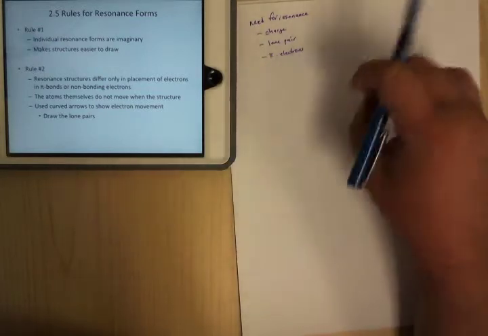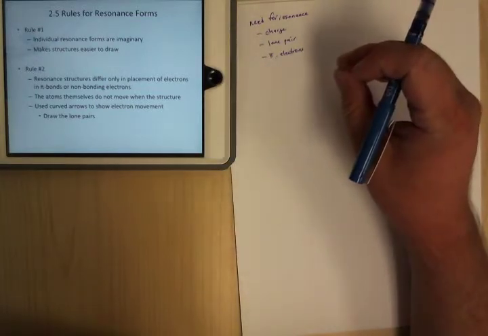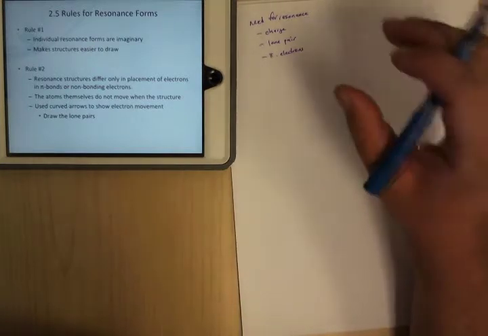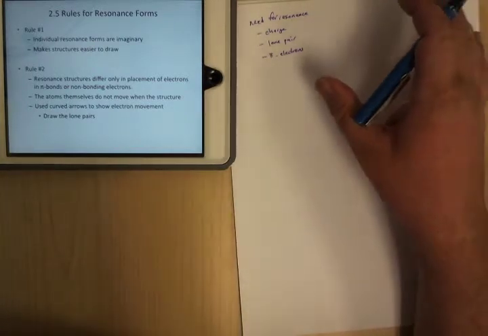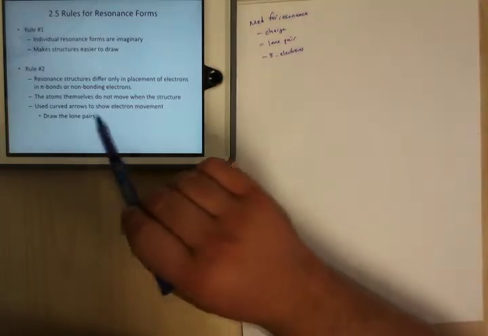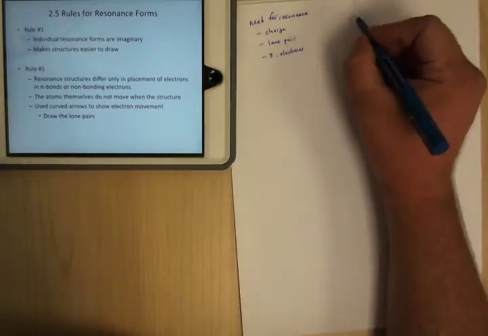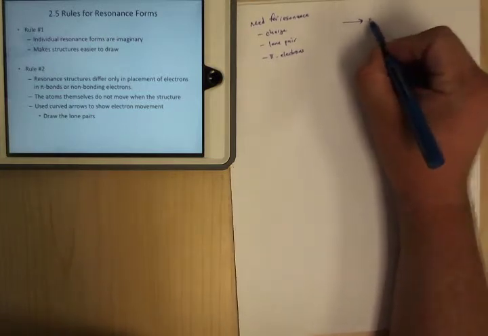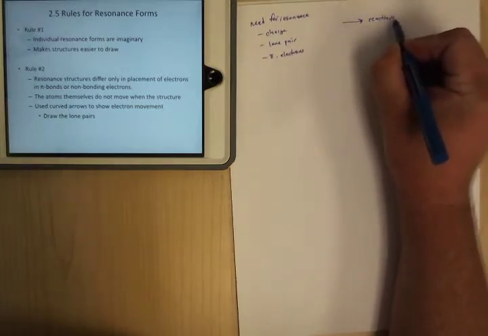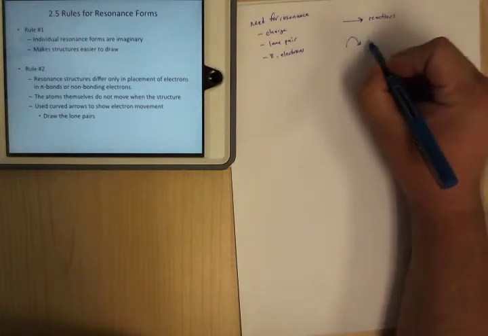If you need to have a hydrogen atom move in order to satisfy the resonance structure, it's not actually a resonance structure. It's just a different structure. And we're going to use curved arrows to show electron movement. A straight arrow like this shows reactions. A curved arrow shows flow of electrons.